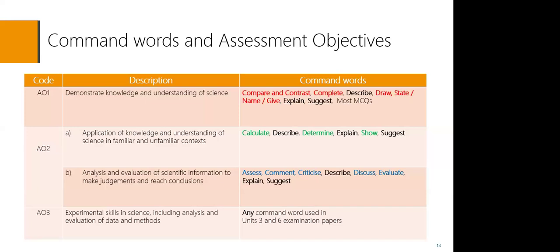However, a small group of frequently used command words will be used across all the assessment objectives. These are describe, explain, and suggest. In the practical skills papers, Unit 3 and 6, any command word can refer to AO3.